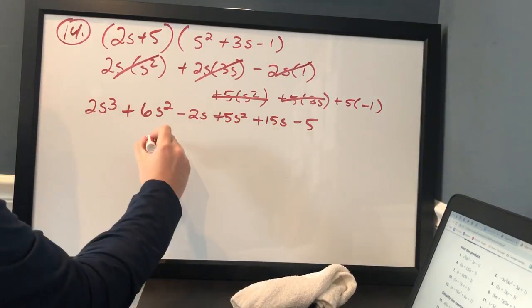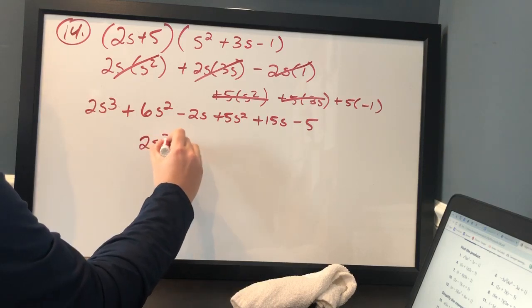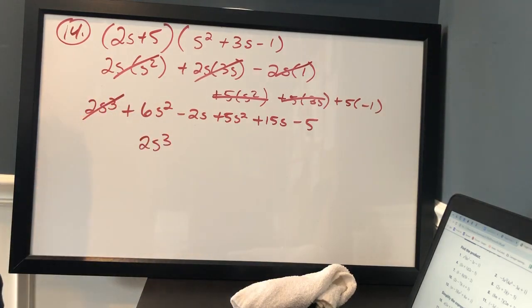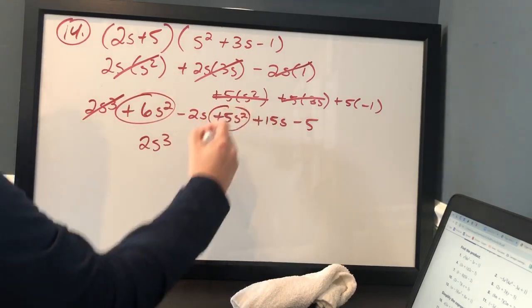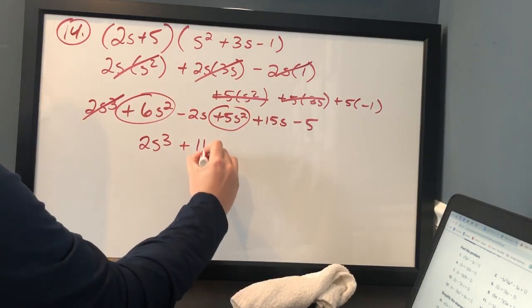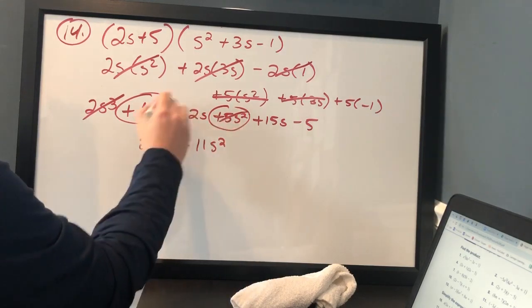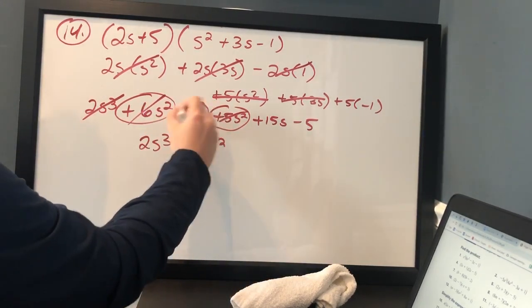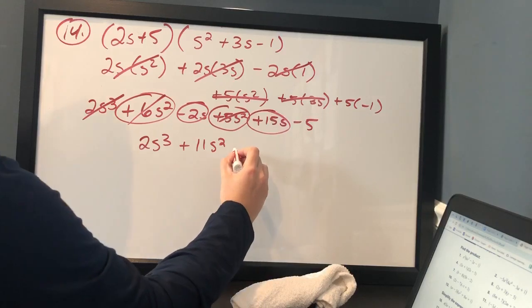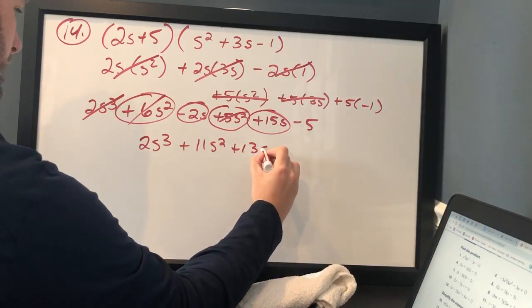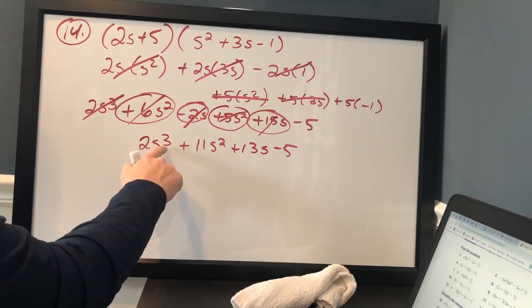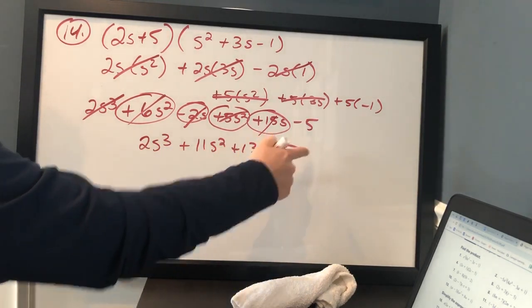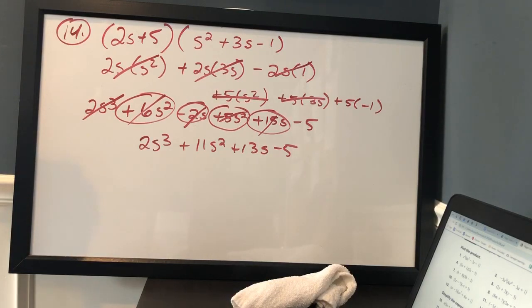The third is still our highest term, so we'll just write 2s to the third, cross that off. Next, we've got 6s squared plus 5s squared would give us 11s squared. Negative 2s plus 15s would be plus 13s, and then bring down minus 5. Again, descending order, 3, 2, 1, and then no variable, and this is how you'd write your final answer.